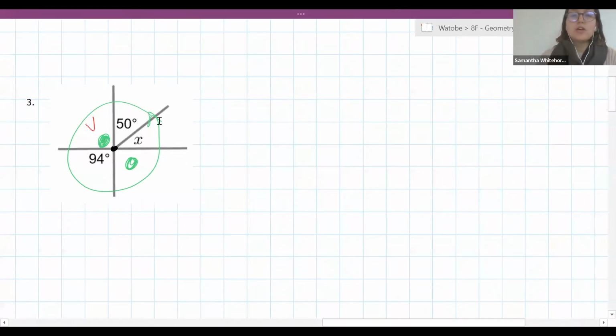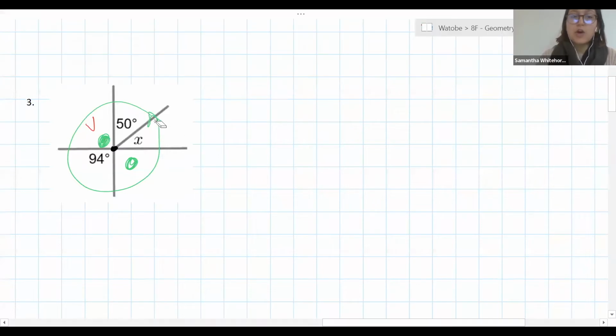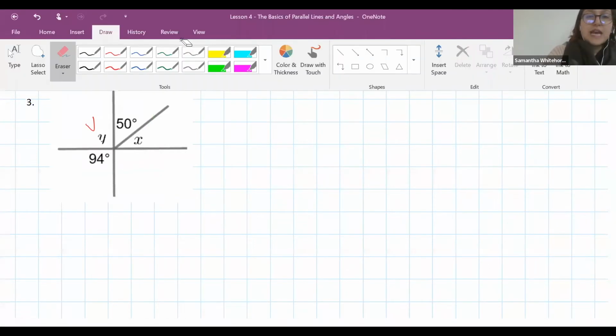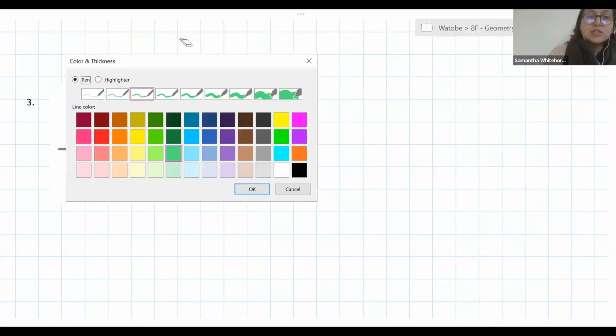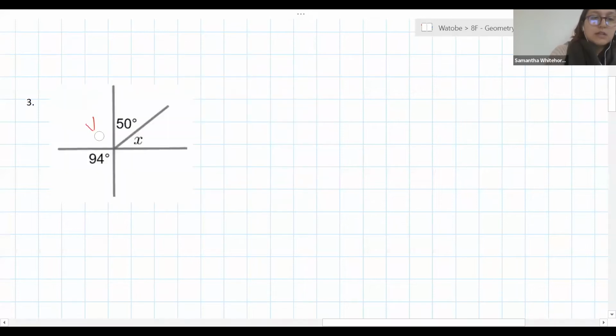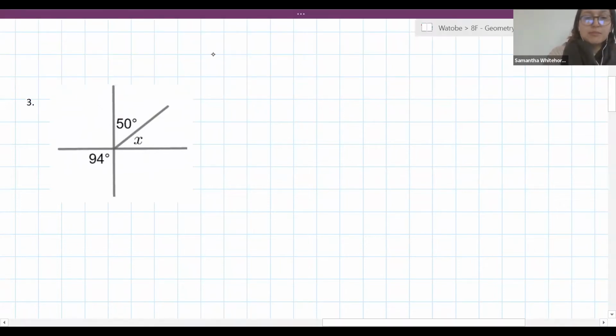Okay, so guys, again, we can use angles around a point here. That's not wrong, but you are missing information. So we can't just go straight away and use 50 and 94. That's not angles around a point as it currently stands. I need you all to just stop and listen to what I'm saying now because we don't want to repeat this.